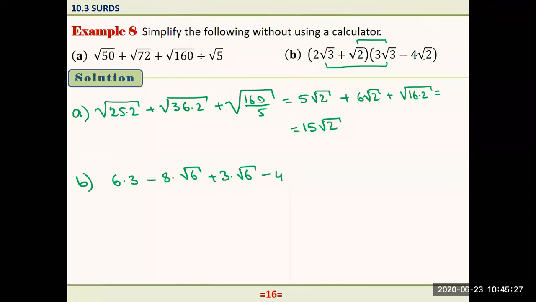Square root of 2 times square root of 2 is 2. Equals 6 times 3, 18, minus 4 times 2, it is 8, minus 8 square root of 6 plus 3 square root of 6, minus 5 square root of 6. So that is equal to 10 minus 5 square root of 6. Simplified, right? We cannot simplify this any further.